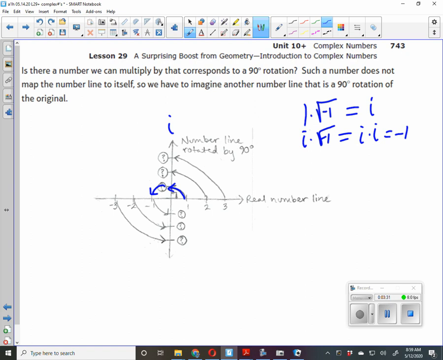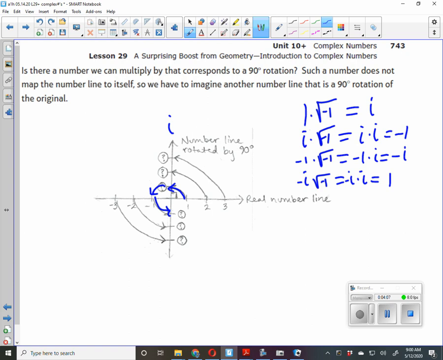If I take that negative 1 and multiply it by the square root of negative 1, I get negative 1 times i, which becomes negative i down here. If I take that negative i and multiply it by the square root of negative 1 again, that's negative i times i, which becomes 1.